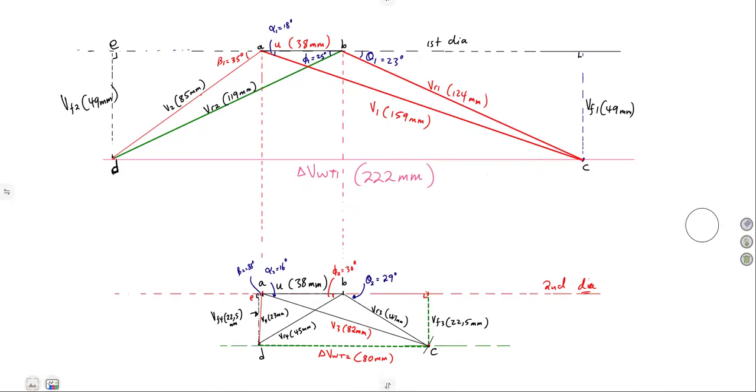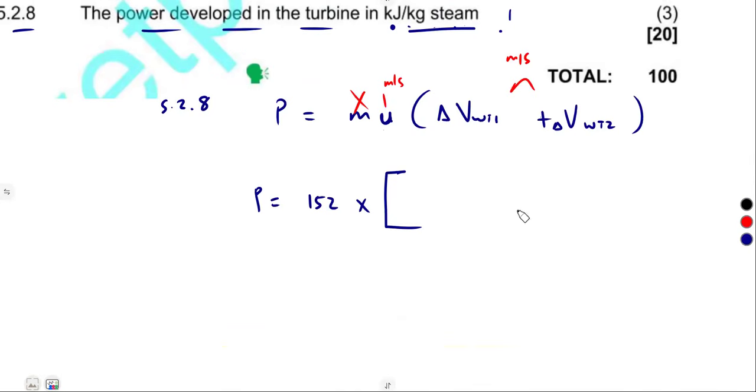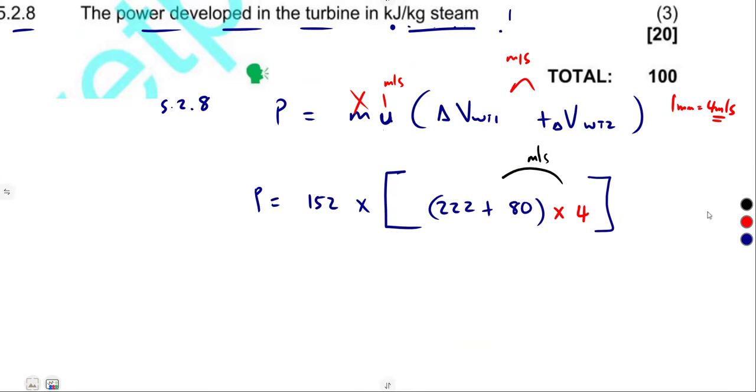So 222 plus 80, then whatever you have, multiply by the scale. 1 millimeter represents 4 meters per second, so you must multiply by the scale to convert everything to meters per second. That is per kilogram of steam.